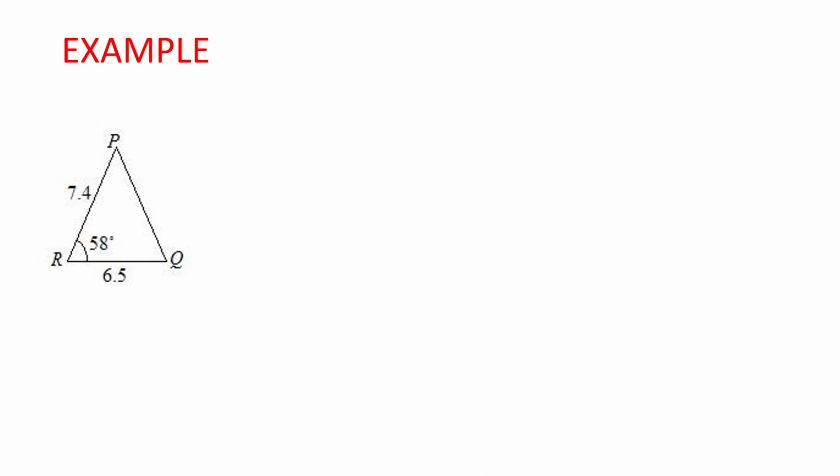Now here's another example on the cosine rule, and we know it's cosine because we have different sides and one angle, so two sides and an angle. Let's write down the cosine rule. These are just letters, so letters can change, it's okay, but we must know how to use the rule.